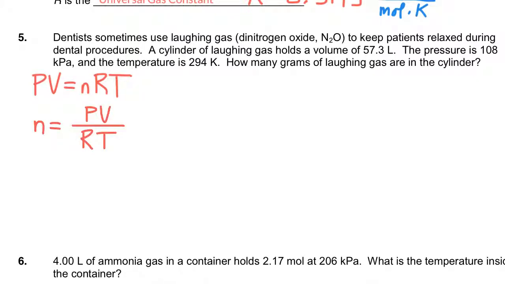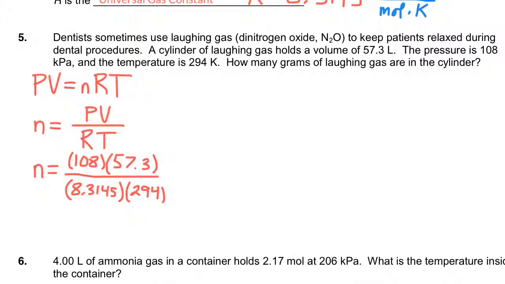So I rearrange my formula, and then I plug in my values from the question. Now, I haven't been showing units in the calculation, but you have to make sure that you're using kilopascals, liters, and Kelvin for your pressure, volume, and temperature. If the temperature was given in Celsius, for example, I would have to change it into Kelvin before I plugged it into my equation.